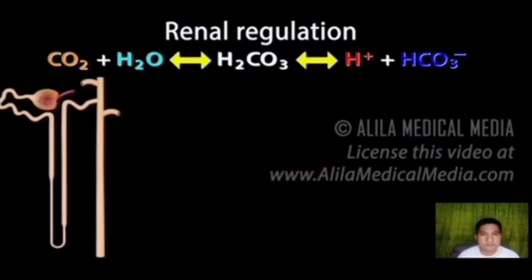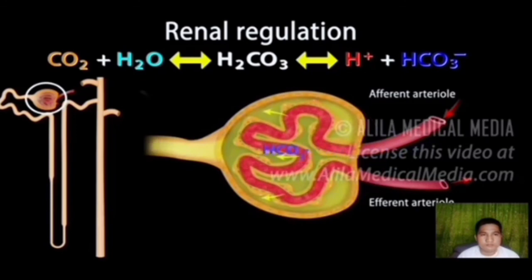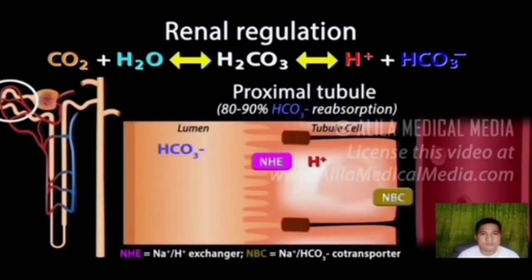Although all of the plasma bicarbonate is filtered in the glomerulus during the first step of urine formation, virtually all of it is reabsorbed back into the blood. Most of this reabsorption happens in the proximal tubule. The amount of reabsorbed bicarbonate in the proximal tubule is regulated via a number of mechanisms in response to changes in blood pH. It increases during acid loads and decreases during alkali loads.